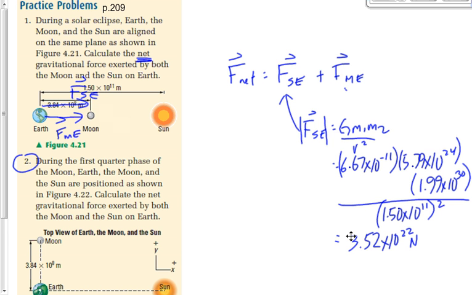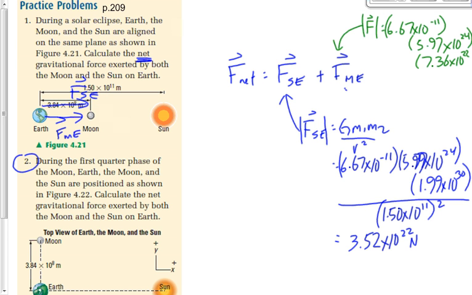Let's get the force of the moon on the Earth now. It's equal to 6.67 times 10 to the minus 11 times the mass of the Earth, which is, once again, 5.97. I said 5.79 down here. It should be 5.97 times 10 to the 24 times the mass of the moon, which is 7.36 times 10 to the 22 kilograms.